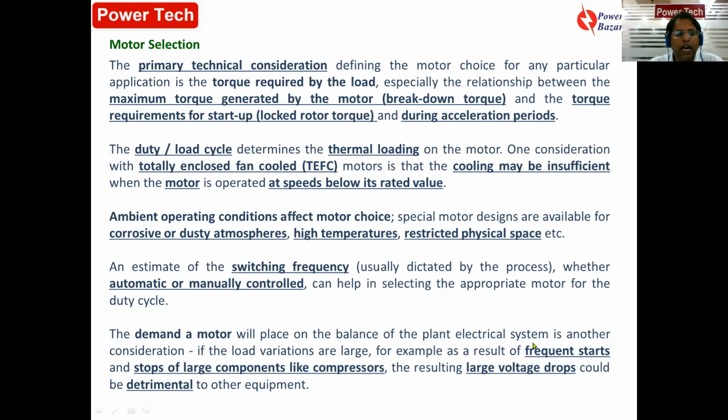Then frequent starts and stops of large components like compressors also result in large voltage drop. If a large compressor is there and you frequently stop and start, then there will be a large voltage drop, which will create some instability in the power system, and this may affect the nearby load. So based on frequent start-stop and the nearby load in the vicinity, the motor is also selected.